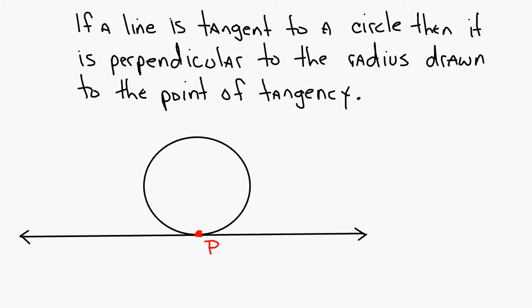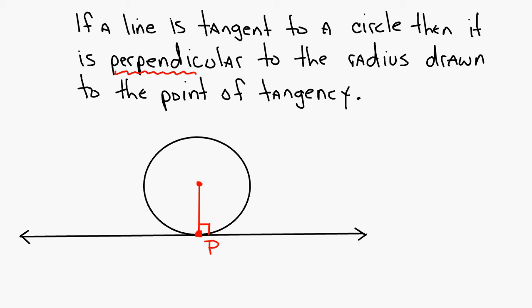If a line is tangent to a circle, then it is perpendicular to the radius drawn to the point of tangency. So if the radius goes from the center of the circle to the edge, but we draw the radius from the center to the point of tangency, what angle does that form? Forms a 90-degree angle. Very good.